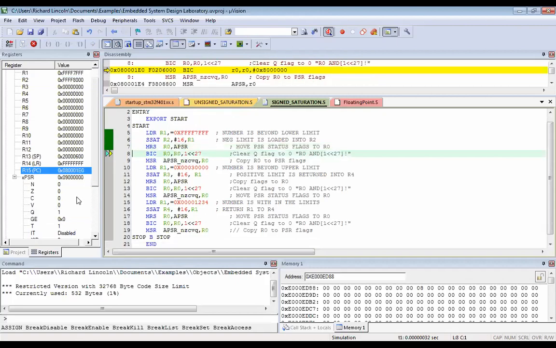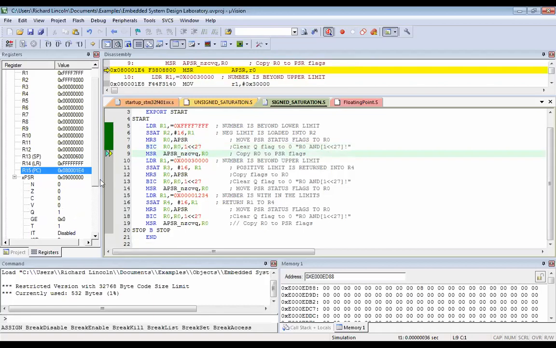Next, I go with clearing of the Q flag. How do I do that? It is actually doing an ANDing operation between R0 and these values here. You can see Q is 1, and it will consequently become 0.